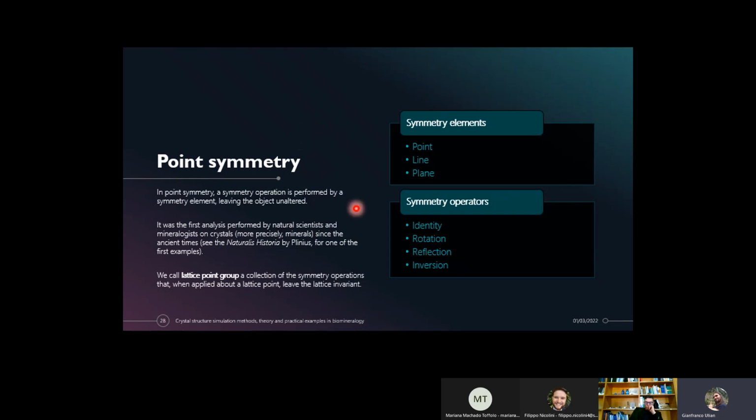This is the first kind of crystallography analysis that was performed in the past, starting from Plinius in Naturalis Historia and going to Steno and Haüy. The point symmetry is related to the analysis of the object, for example, the macroscopic crystals that were observed by natural scientists.